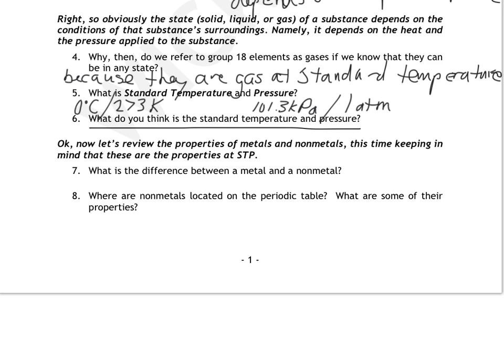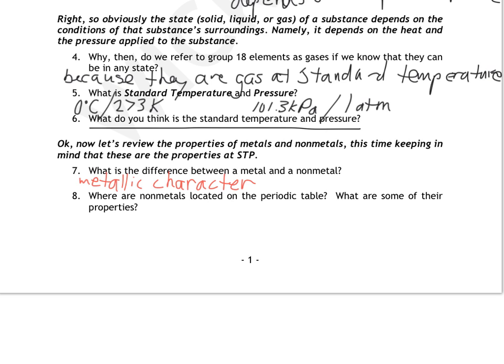Let's review the properties of metals and nonmetals, and this time we'll keep in mind that these are properties at STP. So the difference between a metal and a nonmetal is namely metallic character. The more metallic something is, the more likely it is to be a metal, and the less metallic it is, the more likely it is to be a nonmetal.